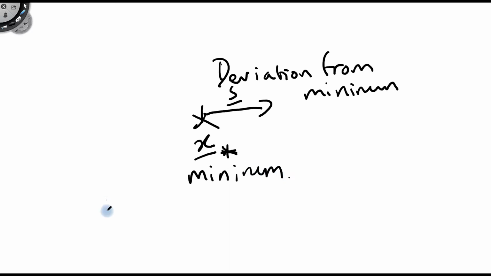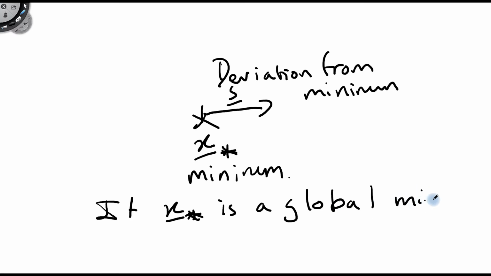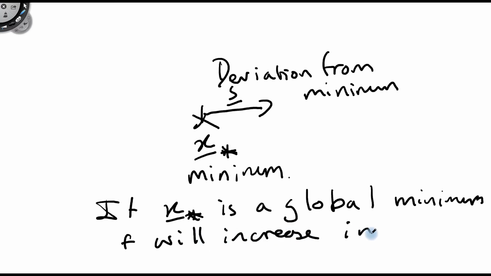And if x star is a global minimum, f will increase for all s.